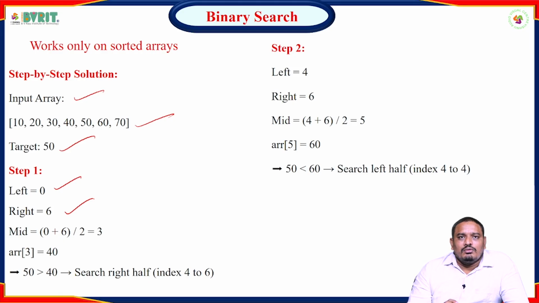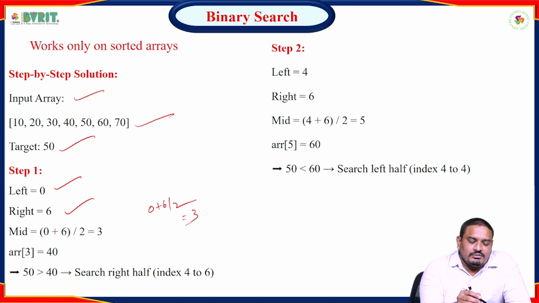Now the second step is to find the mid position, based on 0 plus 6 by 2, which is the third position. In the third position, array of 3. In programming languages, the array starts from index 0, 1, 2, 3, 4, 5, 6, like this.